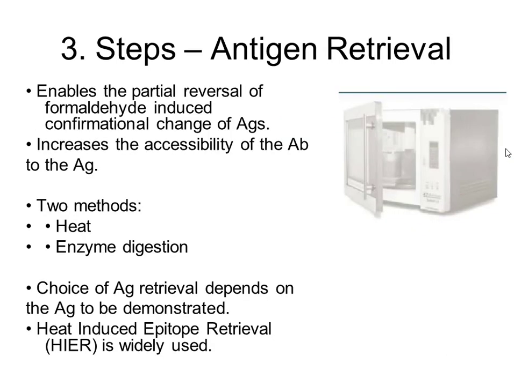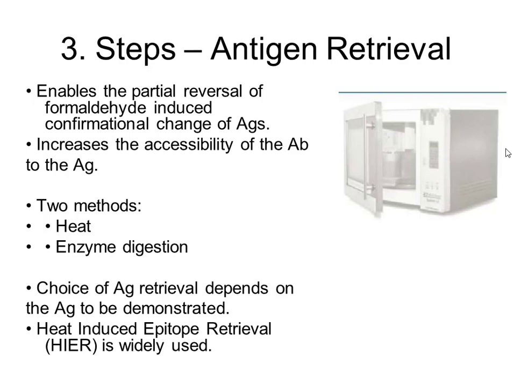The third step is antigen retrieval. It enables the partial reversal of formaldehyde-induced conformational changes of the antigens. If we want, we must increase the accessibility of the antibodies to the antigen.